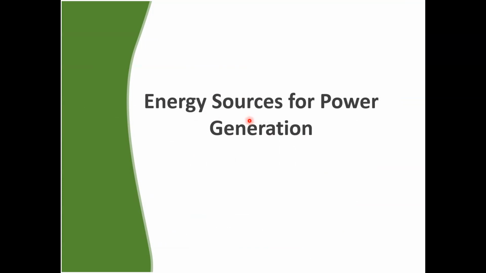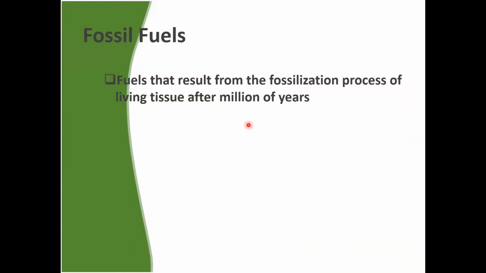On Earth, the sun is the main source of energy aside from nuclear power. What's the reason? Take fossil fuels, for example, which is the first source of energy that I'll be discussing. These are the result of the fossilization process of living tissues.